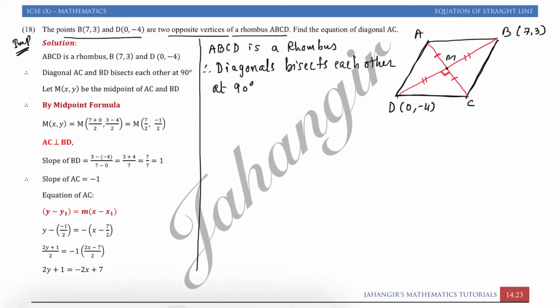So we can say M is the midpoint of AC as well as BD. Now let M(x, y) be the midpoint of AC and BD respectively. So let's find it by the midpoint formula.